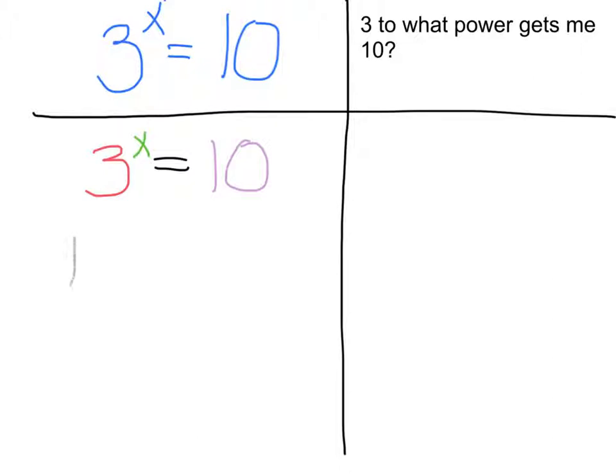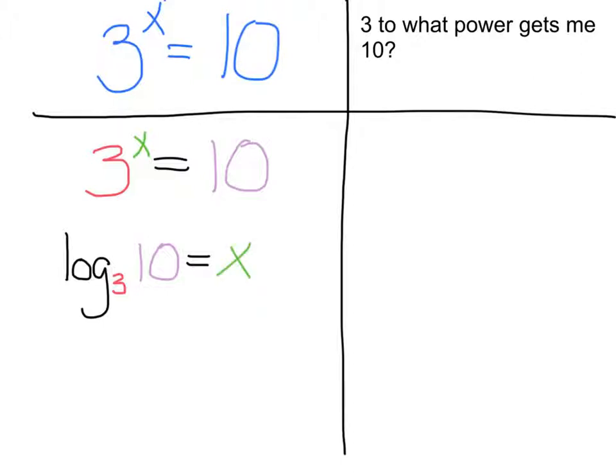So I'm going to write out log, and I'm going to put in a small 3 here. So log base 3, I'm going to put in 10 here, and I'm going to set that equal to x.